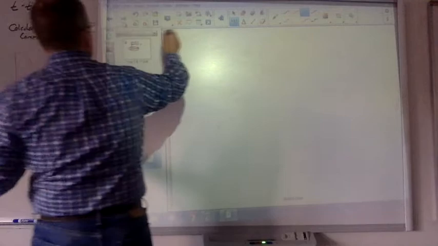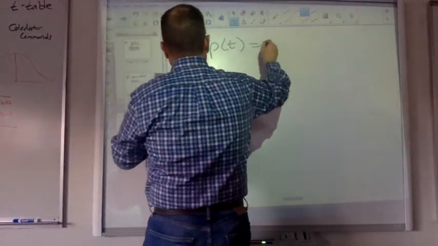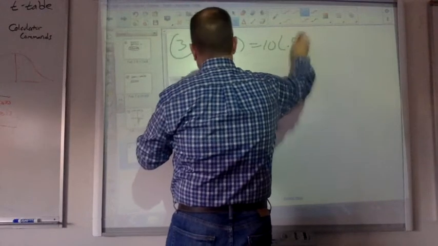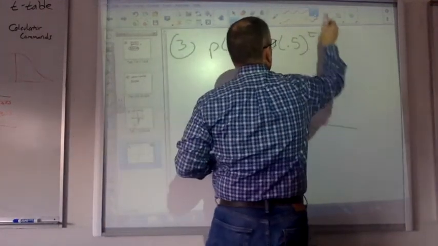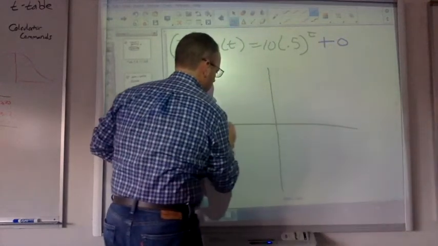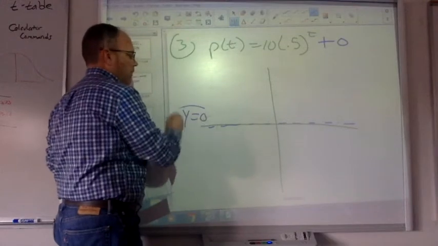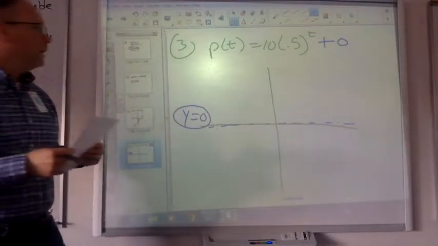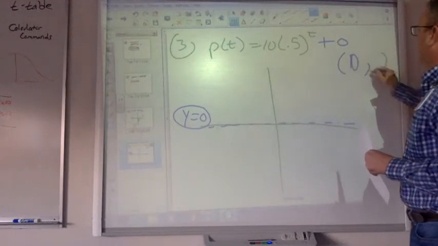Yep. Number 3, we have p of t equals 10 times 0.5 raised to the t. Okay, that's exponential. Technically there's a plus 0 here, so here's my horizontal asymptote at y equals 0. Remember, y equals 0 makes a horizontal line. Where it crosses the y-axis, I'm going to plug 0 in.